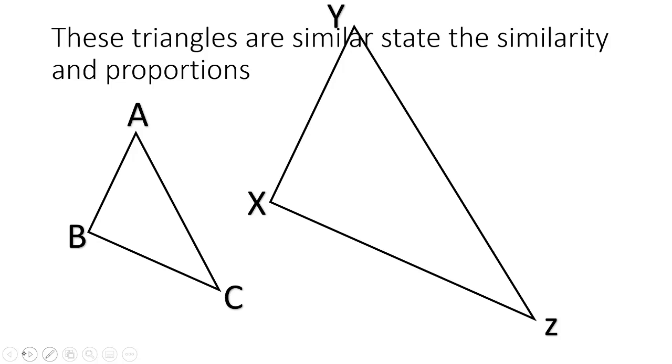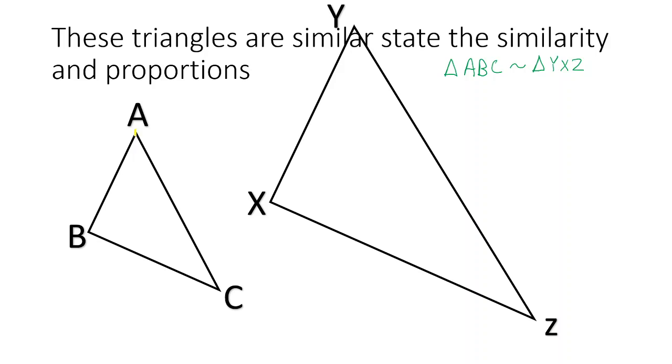So these two triangles are similar. So we could write that as triangle ABC is similar to triangle YXZ. Now, the order was important. Let me show you what I mean.